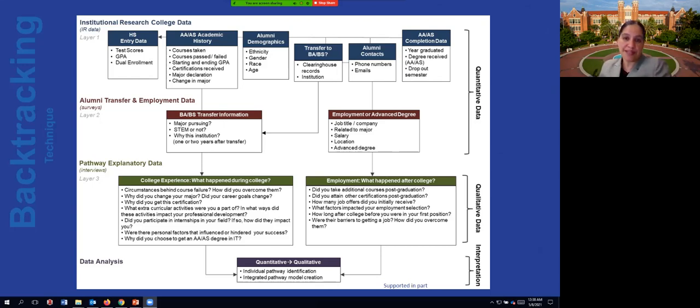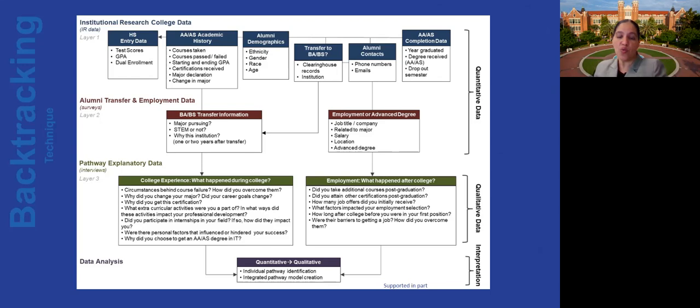Okay, so this is basically our conceptual framework. The backtracking technique has three layers or phases, if you will. Layer one is our institutional research college data, and we begin by pulling cohort data and contact information, transfer information, alumni demographics, academic history, and you can even go way back to high school entry data if that's something that you want to collect.